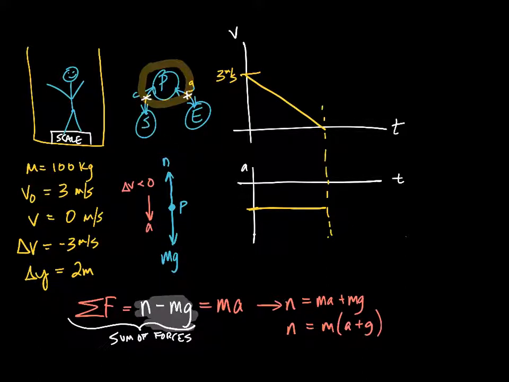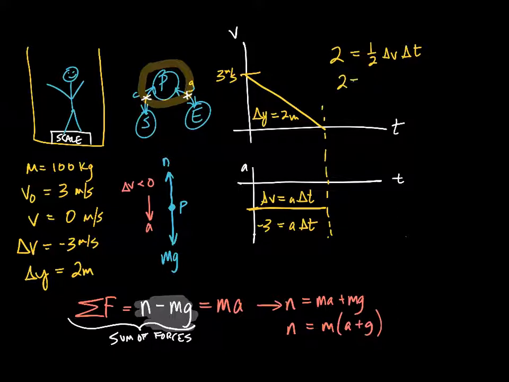We know that this delta y was 2 meters. We know that delta v has to equal a delta t. We also know that it's a minus 3 equals a delta t. But we're sort of stuck with that. But up here, we know this 2 meters equals 1/2 delta v delta t because that's the area formula. We know that delta v is a minus 3.